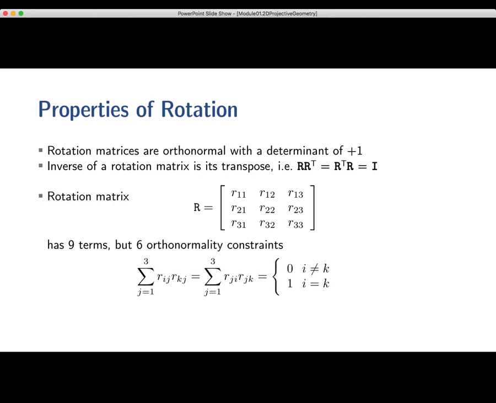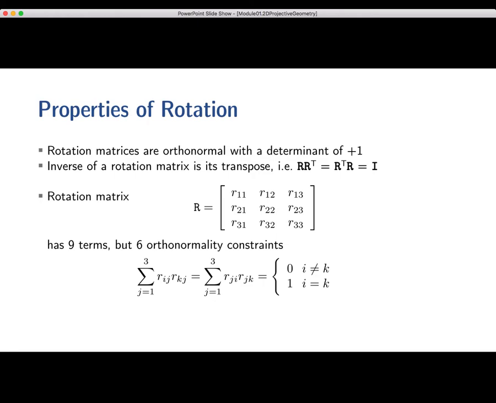So the 6 orthonormality constraints are that the dot product of each column with itself is 1, that is, for i equal to k. So the element 1,1 with 1,1, 1,2 with 1,2, 1,3 with 1,3, that sort of dot product will be 1.